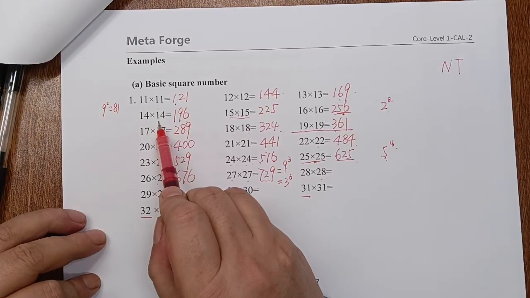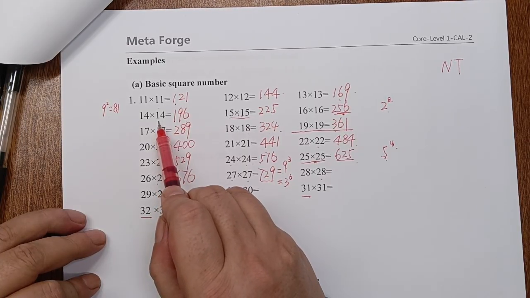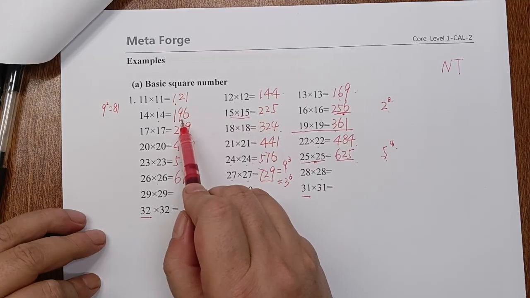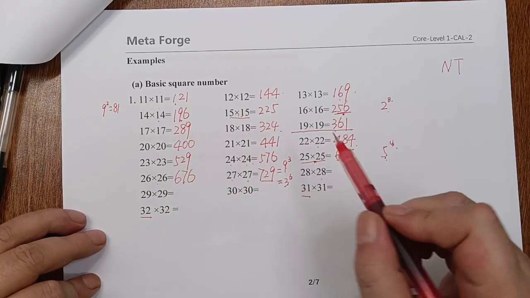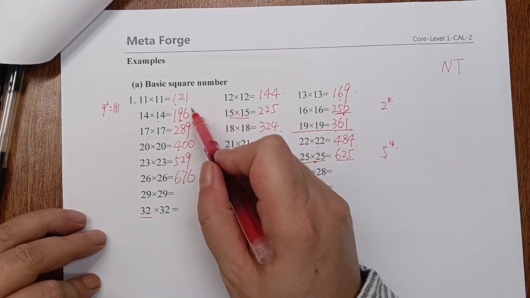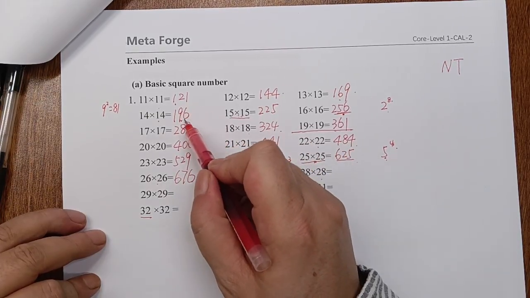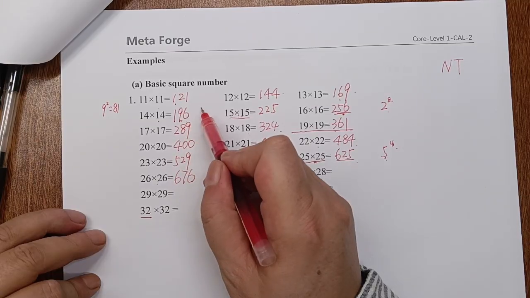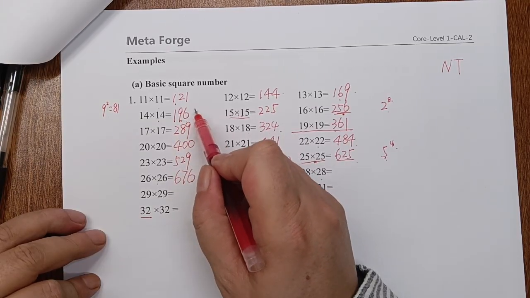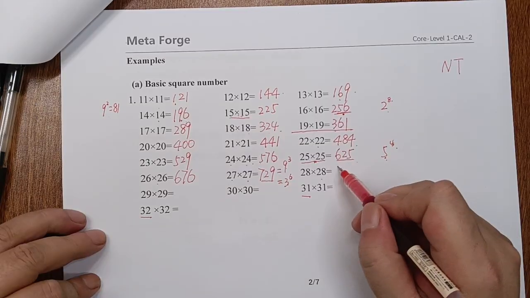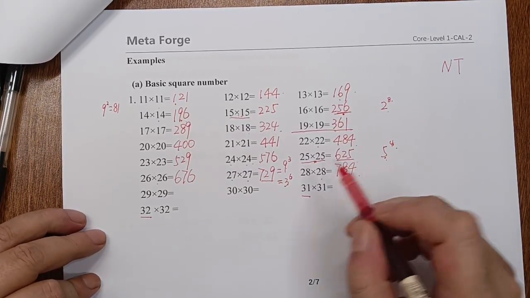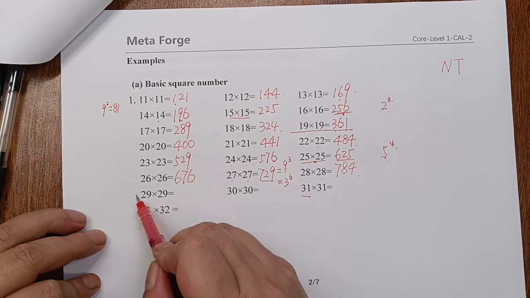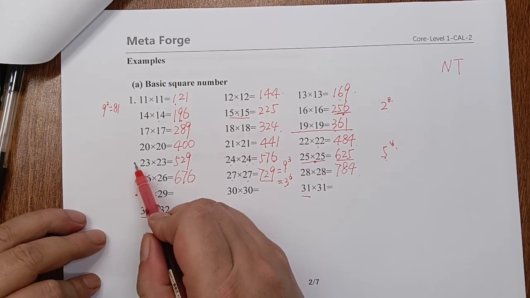How to calculate it cleverly? See it as 200. 200 times 4 is 800. 800 minus 16, since 4 squared is 16, gives 784. Remember this one and this one.